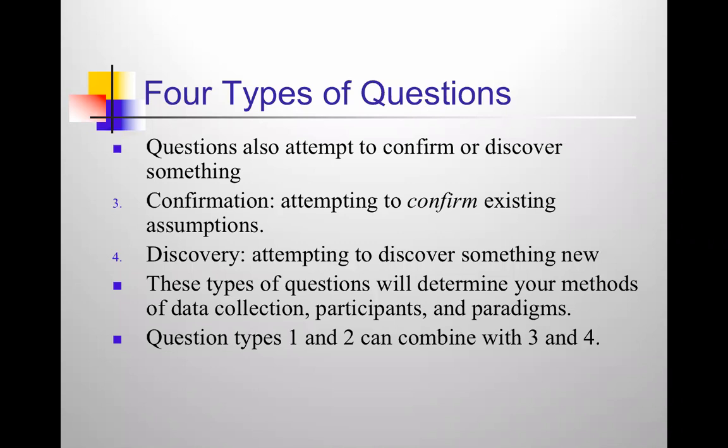Now, when you create a research question, you can combine all the questions together, maybe a state question combined with a discovery or confirmation question, or a process question combined with a confirmation and discovery question. And the more that you can combine these questions together, it's going to give the question texture and make it more complex.